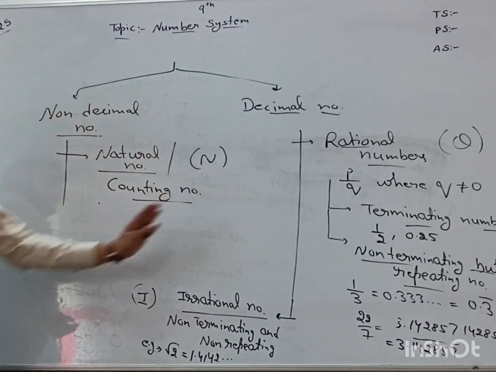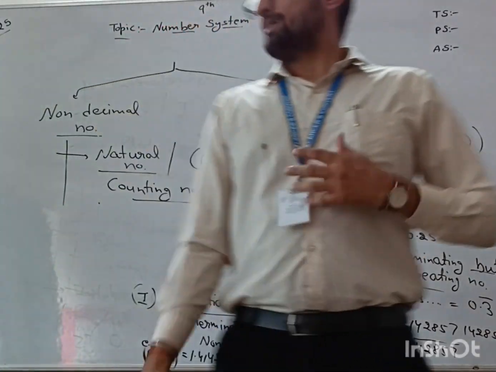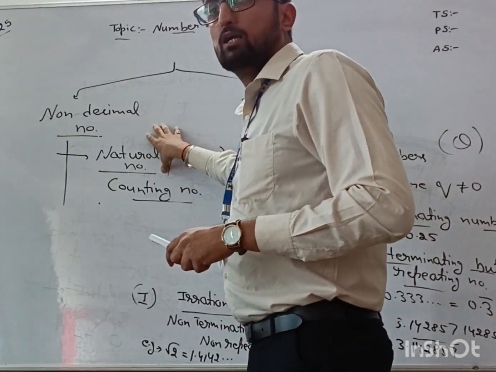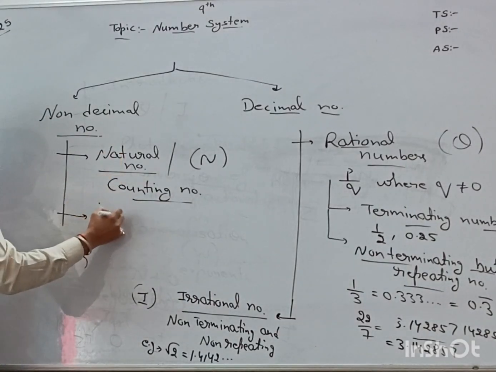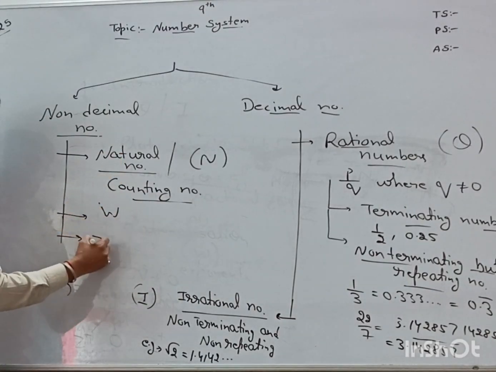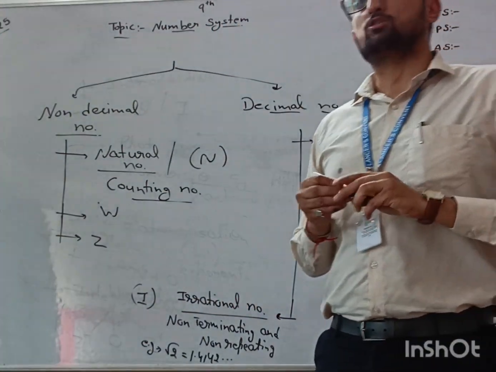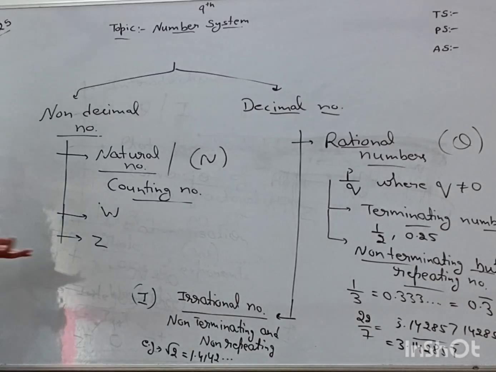After covering this topic, let me ask some questions from you all. Can I say that all natural numbers are part of whole numbers? We have studied three types here: natural, whole and integer. So tell me class, all natural numbers are whole numbers, yes or no? Yes, all natural numbers are whole numbers.